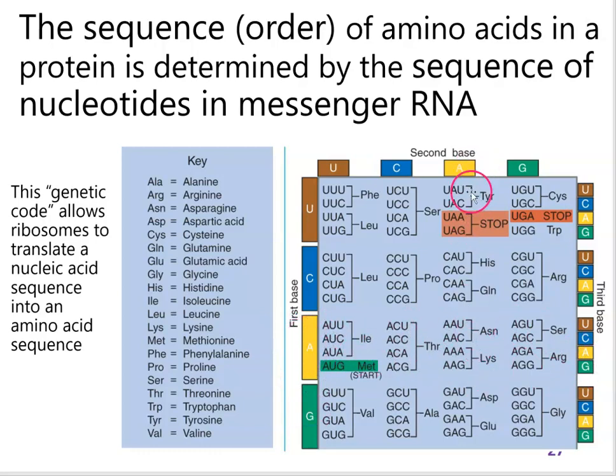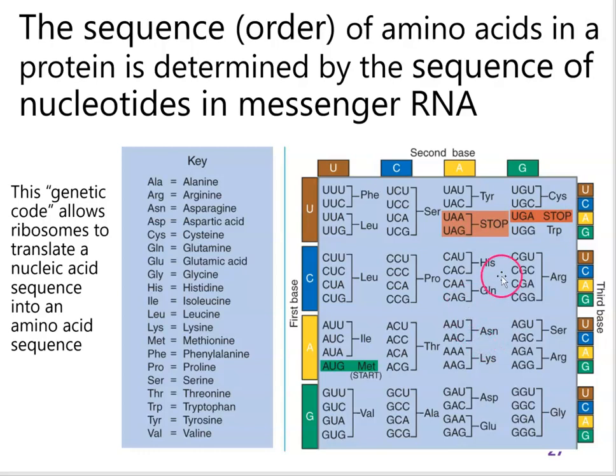The second base is A, so it's going to be one of these. And the third base is U, so it's going to be one of these. That's how you use this table. And I would see this is ASN for asparagine. So if the RNA has this sequence, AAU, somewhere in it, it will have an asparagine in the protein.